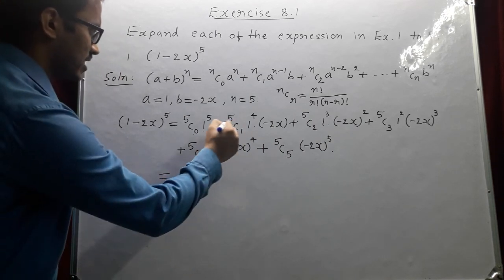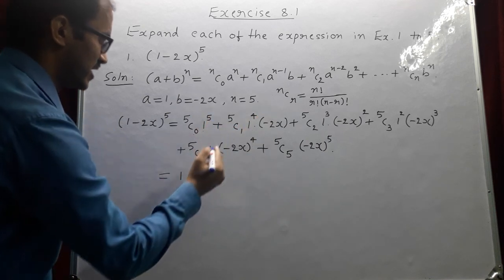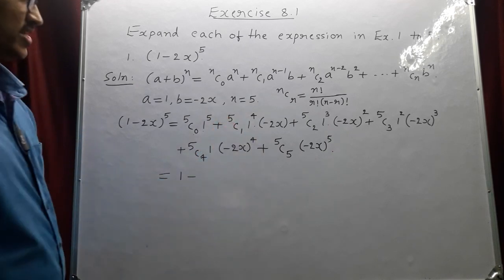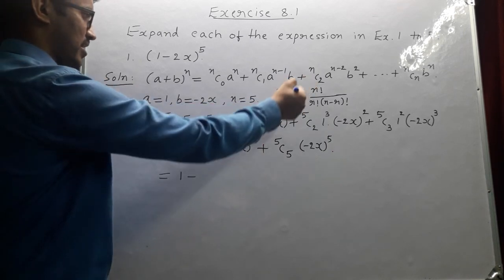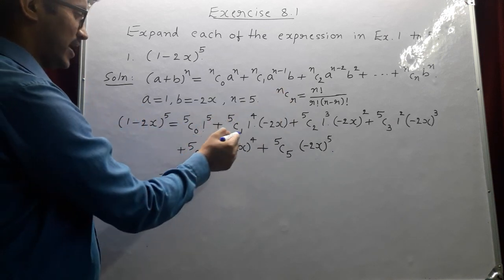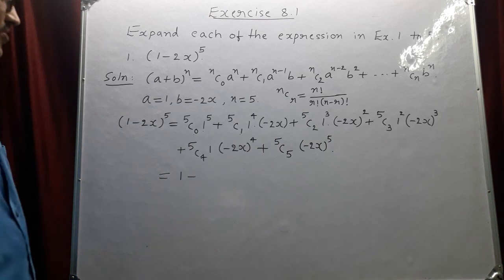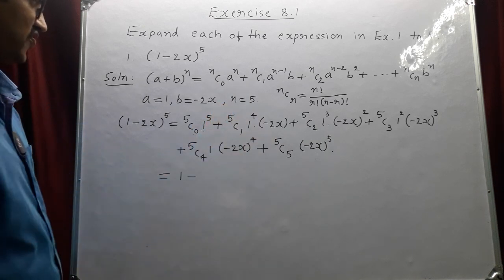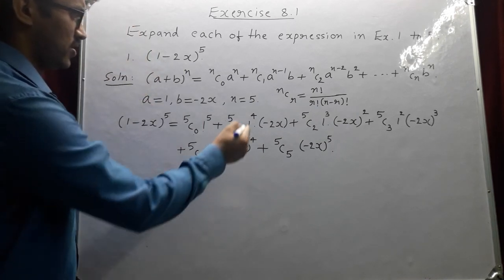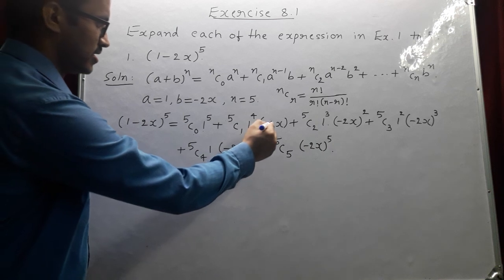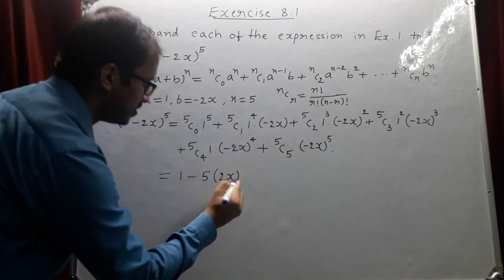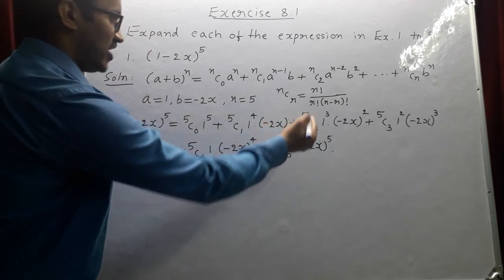Plus, here plus into minus becomes minus 5C1. 5C1 value is 5. If you want, you can compute it using this formula by taking n is equal to 5 and r is equal to 1. If you simplify, you will get the value of 5C1 as 5. So this is 5, 1 power 4 is 1, into 2x, plus 5C2.